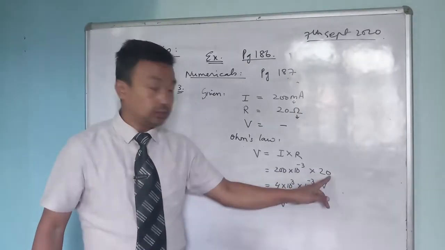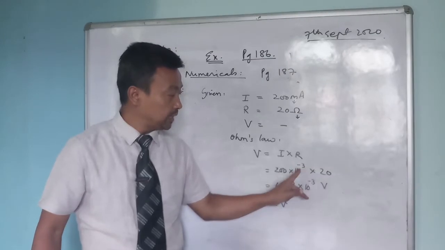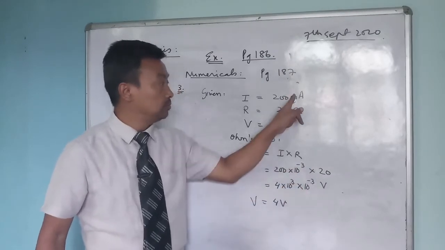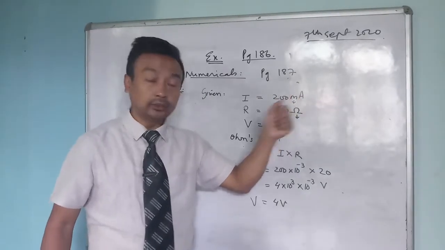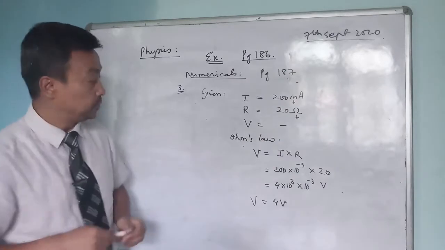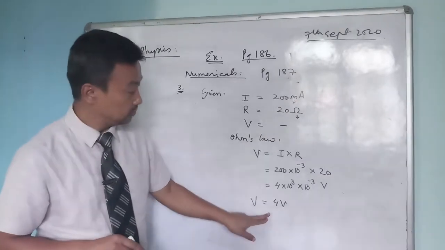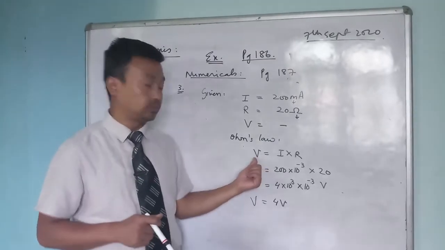This 3 is positive, and this minus 3 has come from milliampere, because the SI unit of current is ampere. So we have to change that milli into ampere. Alright, so it's very, very easy. If you solve this much, you will get 3 marks in your exam.